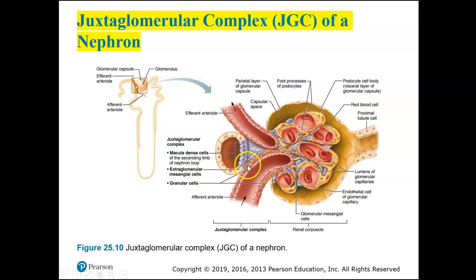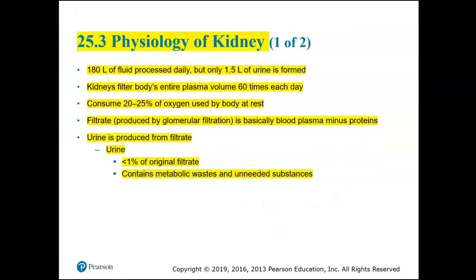We really won't talk about them, but the granular cells are here and here. So all of this is the juxtaglomerular complex, and what they do is help to monitor and regulate blood pressure and concentration of the filtrate.